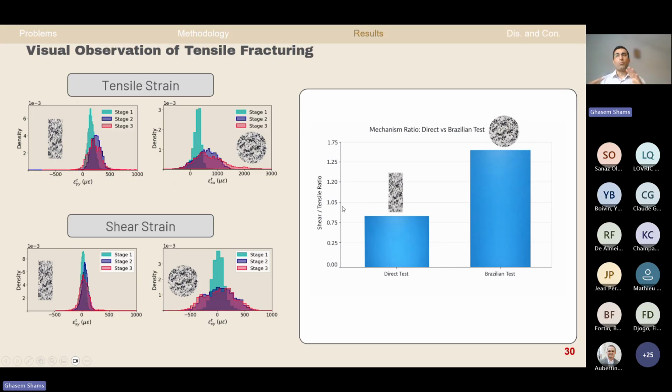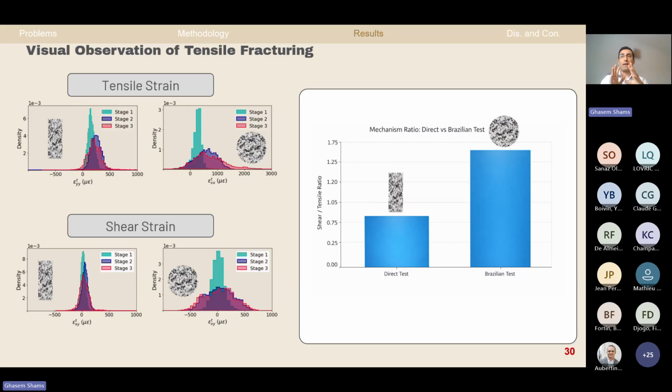It means that most of the strain or deformation on the surface of the specimen was detected as tensile. In contrast, in the Brazilian test, this shear to tensile ratio is about 1.5. It means that we have 1.5 times more shear strain than tensile strain.